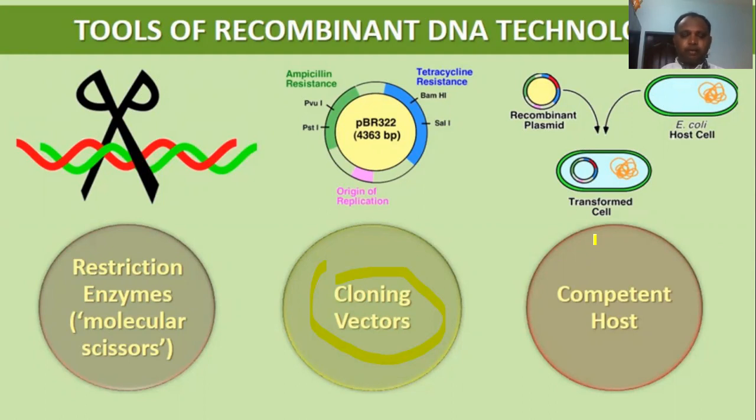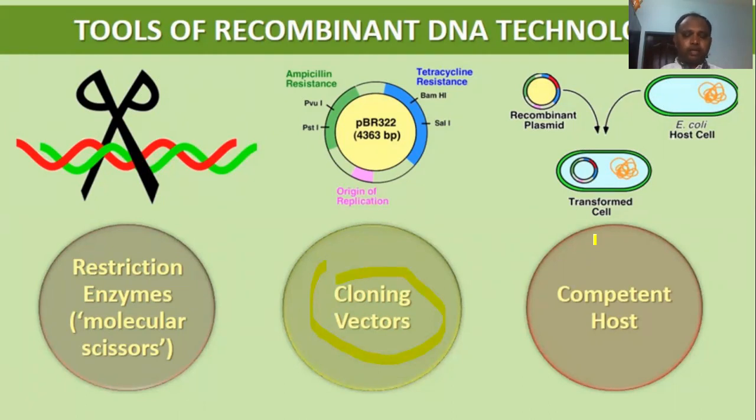Suppose I isolated a human protein-encoding gene. I want to clone this gene and transfer it to bacteria, where I want to produce the human protein. In this case, the bacteria act as the host.